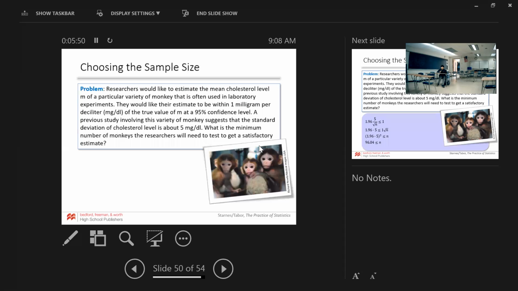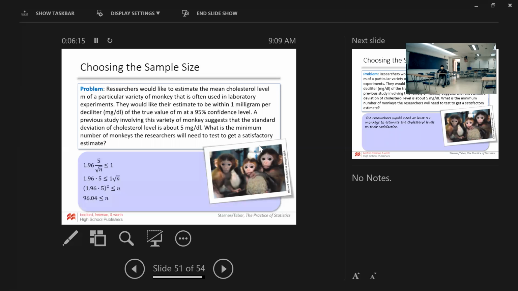So here's the example. You know what your estimate is going to be within 1. And you want a 95% confidence level. And a previous study suggested the standard deviation is about 5. What's the minimum number of monkeys you would need for your study? You go here.